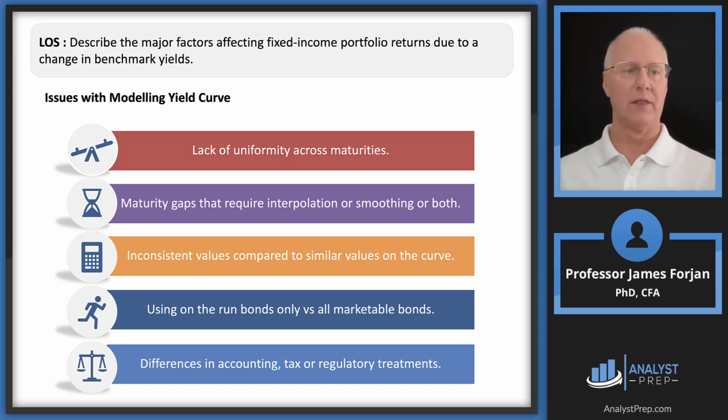Now I want you to think about this yield curve, and let's just suppose that it's upward sloping and we go from, let's say a 1-month security all the way out to, well, we could go out to 50 or 100 years even. And let's suppose it's just an upward sloping yield curve. And so how do we model that yield curve? Well, we need to take a look at exactly what's available to us.